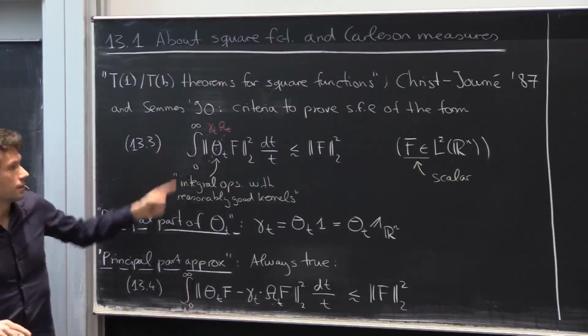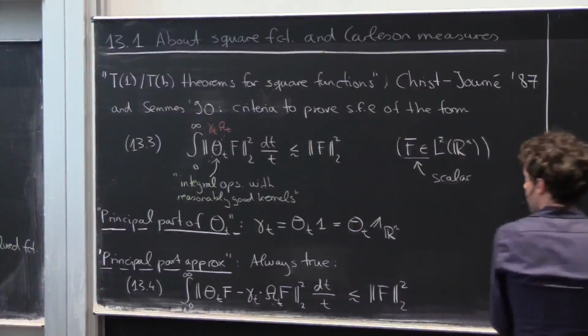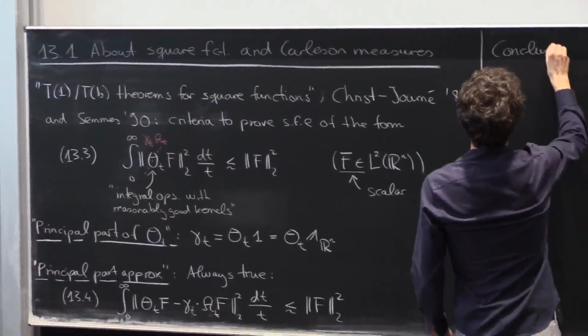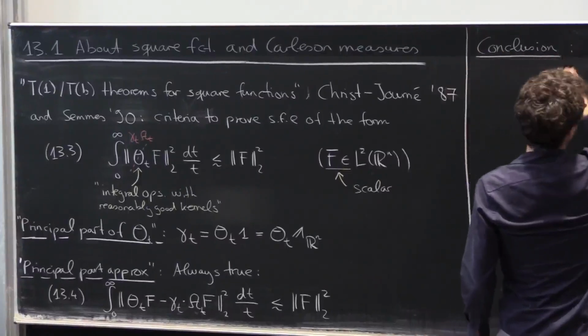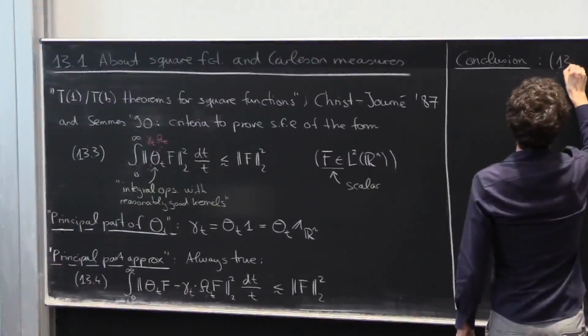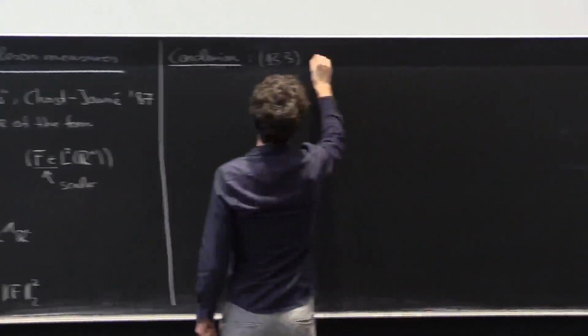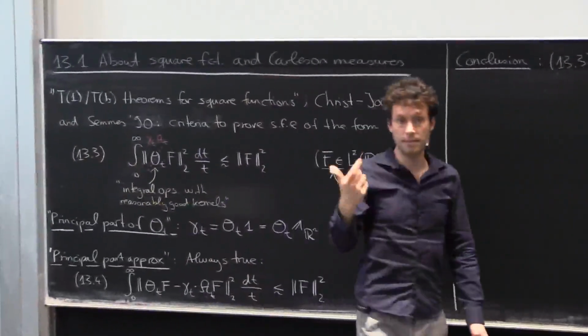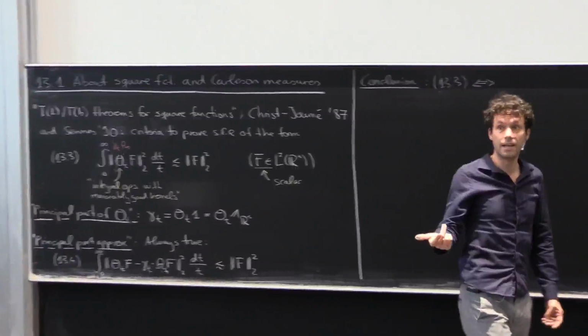And so this means that 13.3 is equivalent to the estimate where I replaced the operator theta t by the multiplication operator acting on the dyadic averages at scale t.